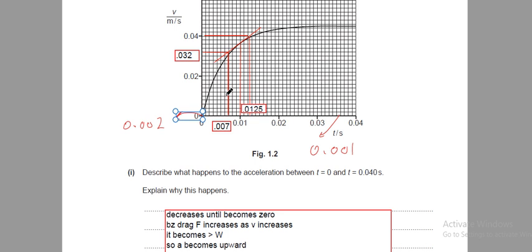So to find the slope, we will subtract the y coordinates, which is 0.04 minus 0.32, over the x coordinates. Okay, the result will be... I just made a mistake here.